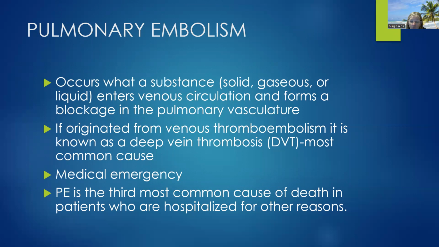And this is where you've got venous stasis, or the patient that's not moving as much, vessel wall damage, and hypercoagulability. Those are major predisposing factors for the development of a DVT, but the most common cause of DVT is prolonged immobility.